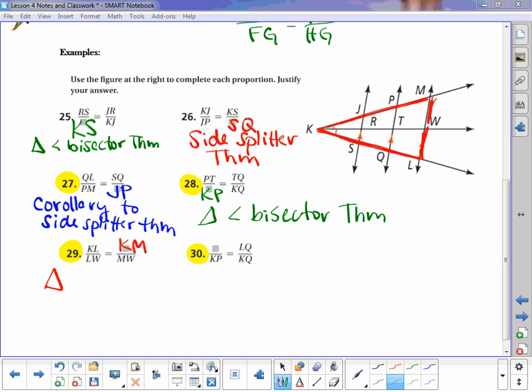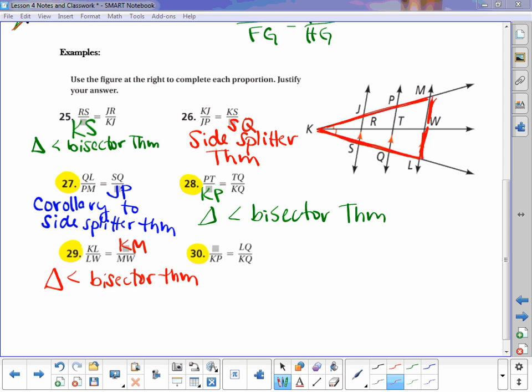Good. If they didn't tell me that those angles were congruent, then I wouldn't be able to use triangle angle bisector. We wouldn't be able to use anything else. You would have to go find that angle. Alright, other questions on 29?